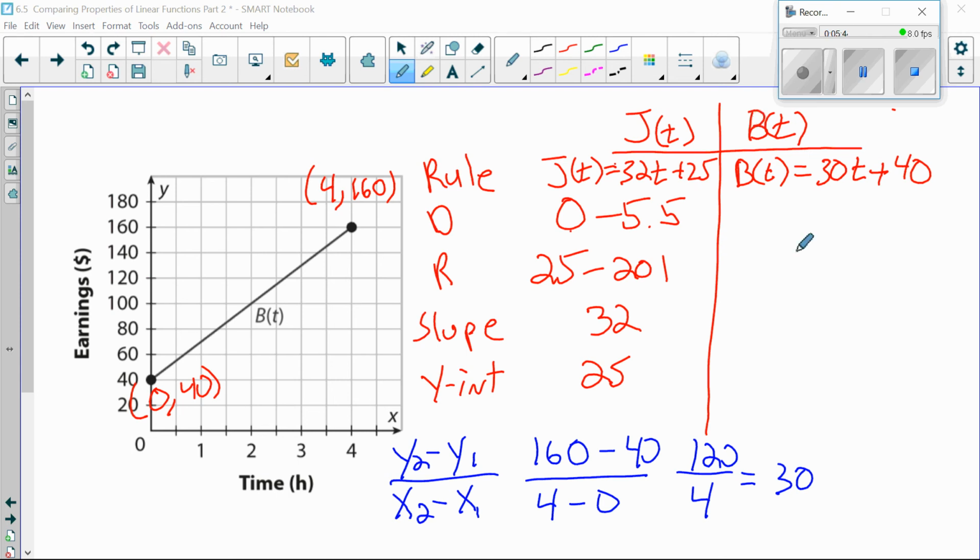Okay, so the next thing we want to do is find the domain and the range. So we're going to start with the domain. Well, the domain goes from 0 all the way to 4, because that's where the graph goes. So it's from 0 as far left as it goes, and the far right is 4. So it's going to be 0 to 4. That's the domain.